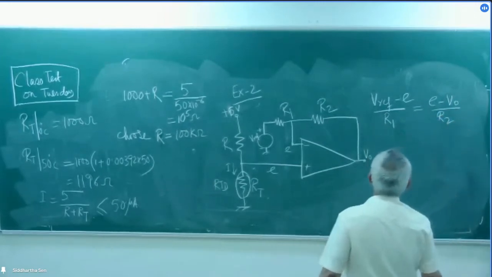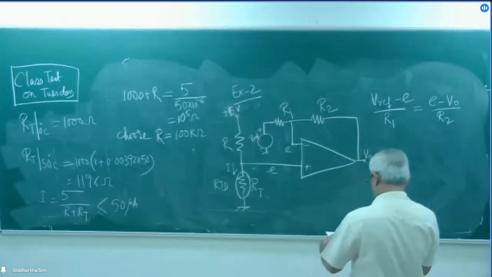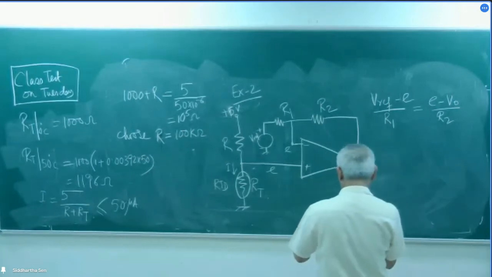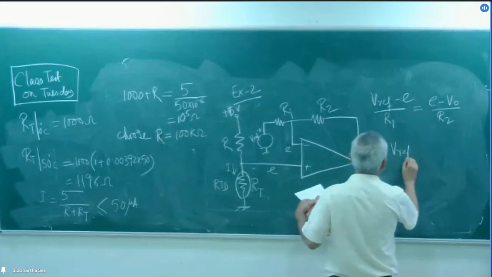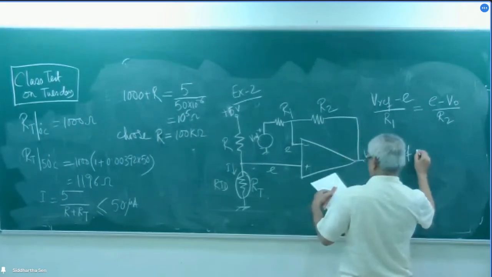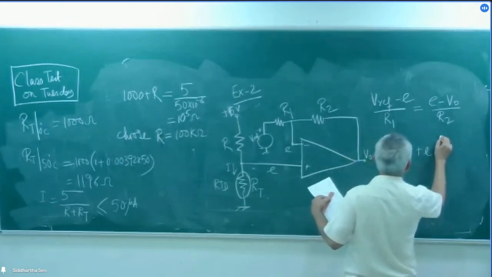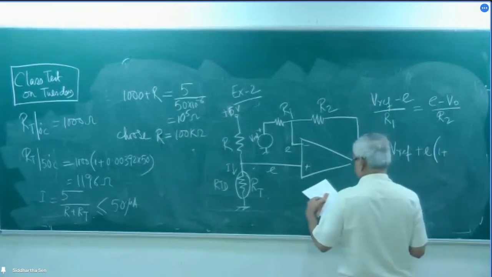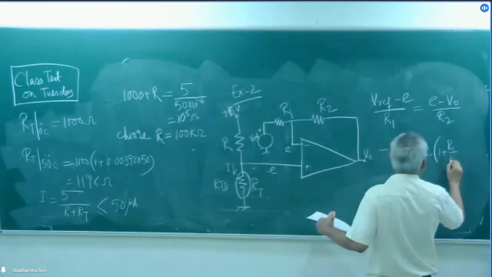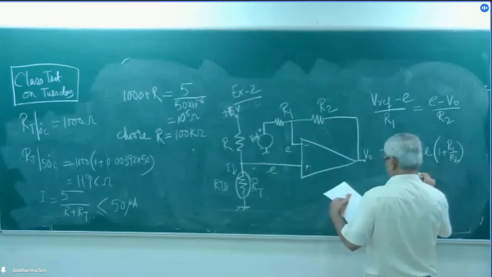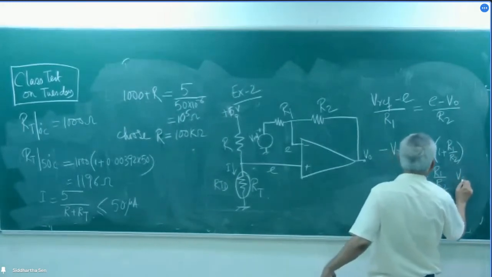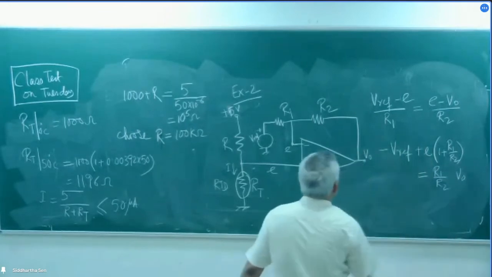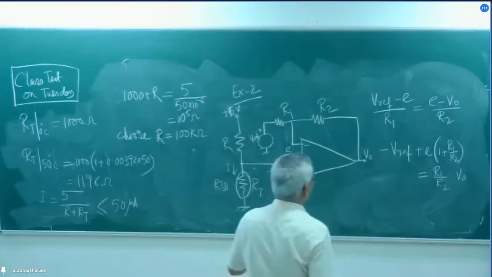And from these expressions we can say that minus V reference plus E into (1 plus R1 by R2) is equal to R1 by R2 into V0. You can simply write it down.